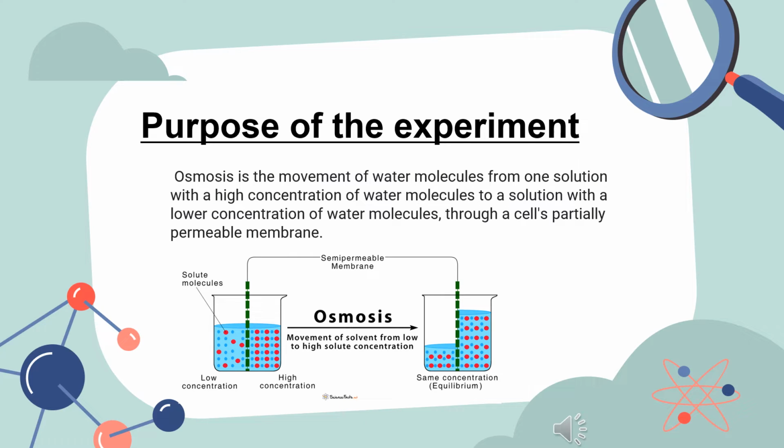So the purpose of this experiment is to understand the process of osmosis and equilibrium. The definition of osmosis is the movement of water molecules from one solution with a higher concentration of water molecules to a solution with a lower concentration of water molecules through a cell's partially permeable membrane.